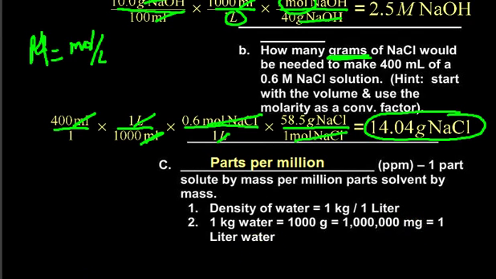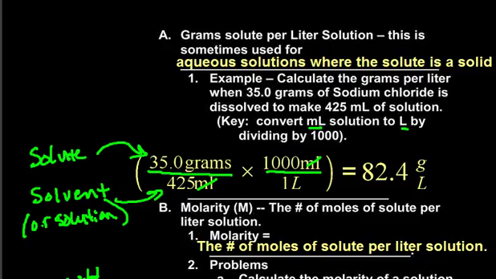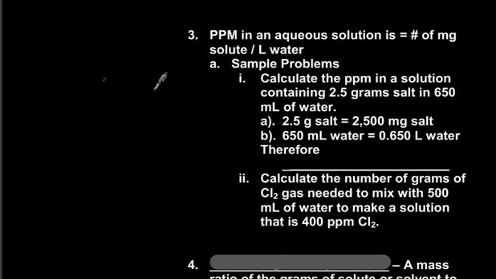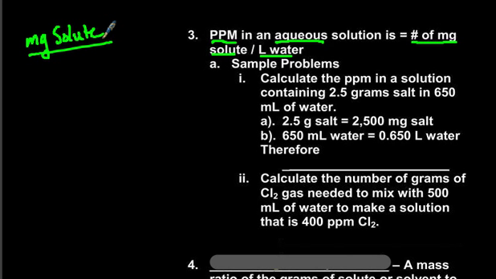This allows us to find, as we go to the next page here, that for parts per million in an aqueous solution in particular, it is the number of milligrams of solute per liter of water, because that's also the milligrams of solute over 1 million milligrams of water.